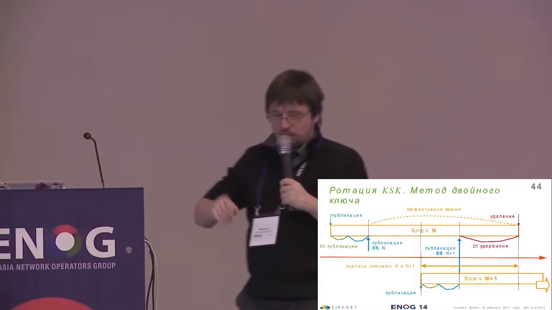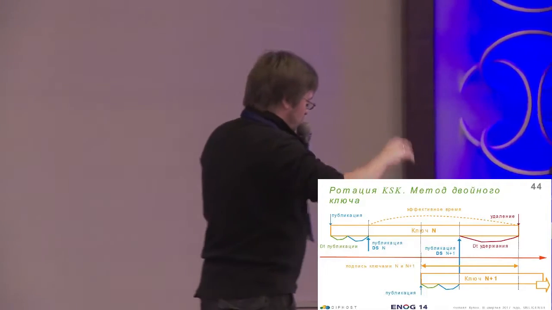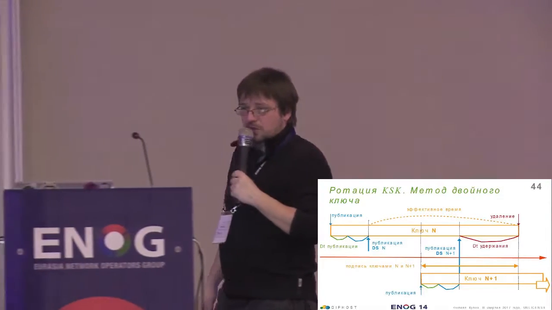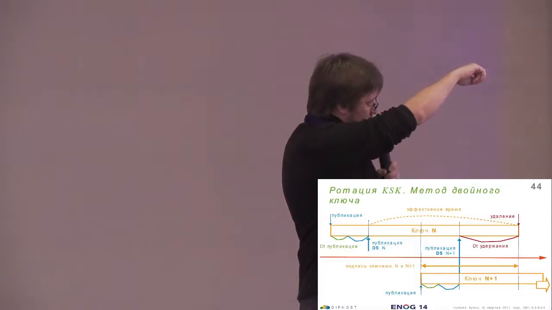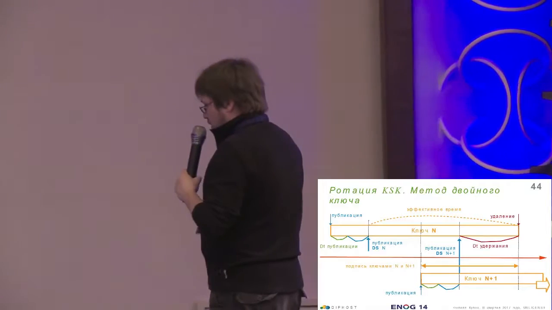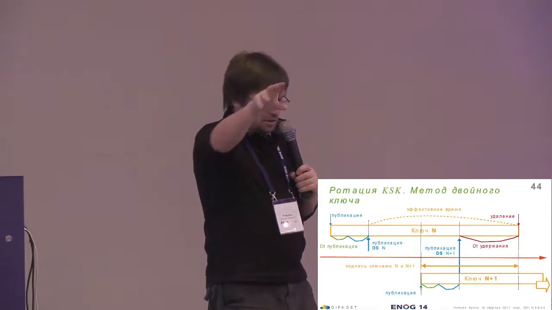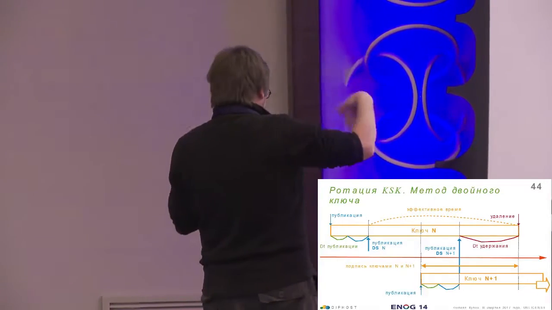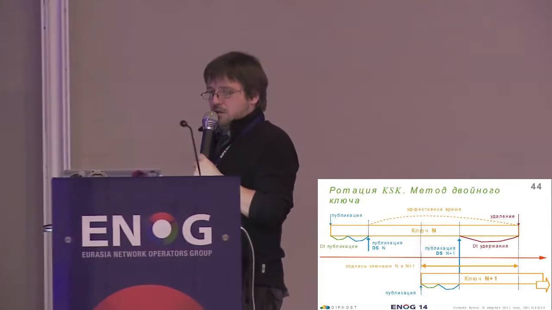When you roll over the second key, you sign it with 2 keys. Since the KSK signs the records of the key, you will have a double response, and accordingly, when everything spreads over, this blue interval is the time of the life of DS records, indeed. And again, for it to be ripe on all the resolvers, only after that everything will be fully operational.